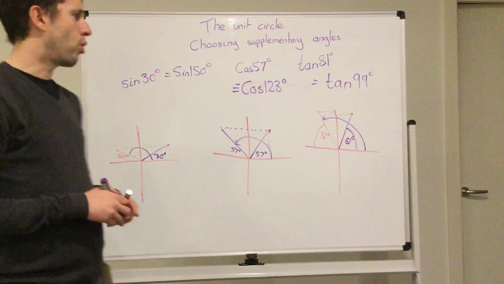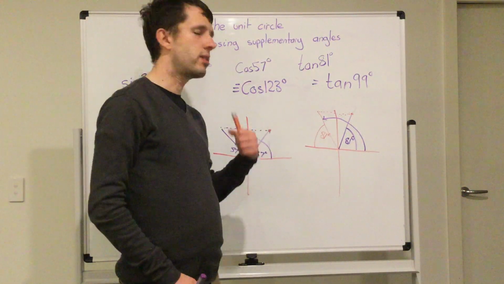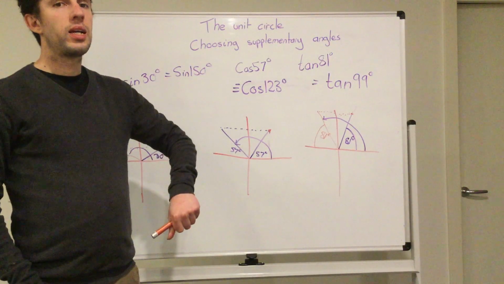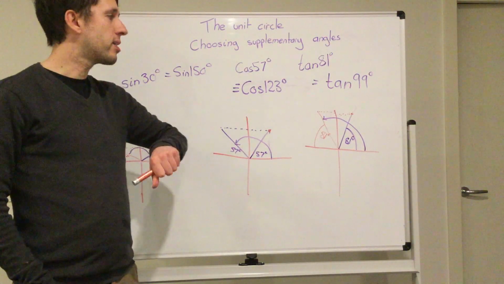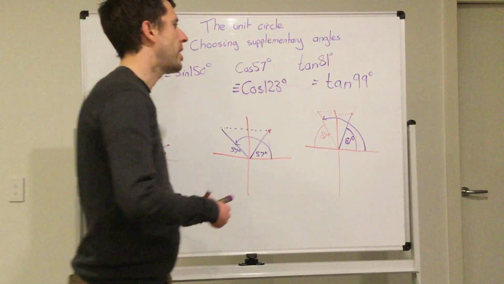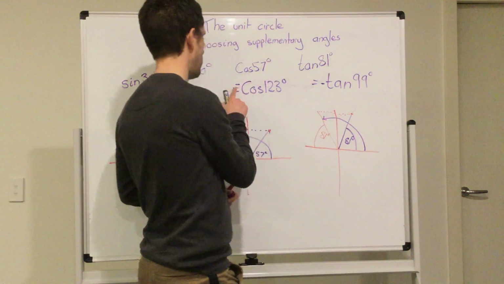The next thing I need to look at is in quadrant 2, tan is opposite over adjacent. Opposite is y. Adjacent is x. So y is positive, x is negative. Positive and negative equals a negative. So I must have a negative here.